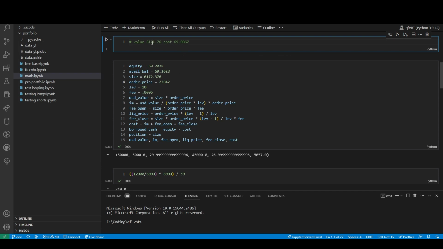Okay, so let's do this. At 41. So price is this.